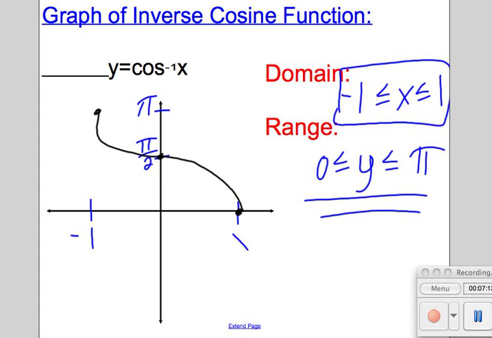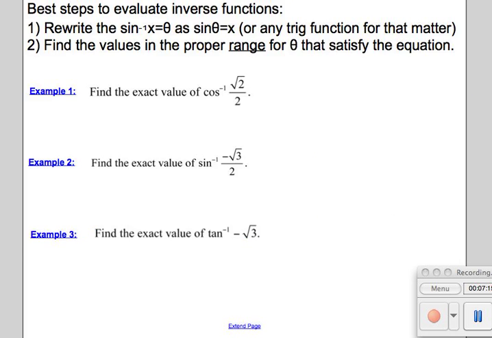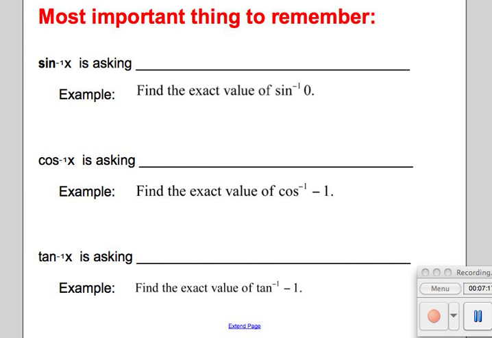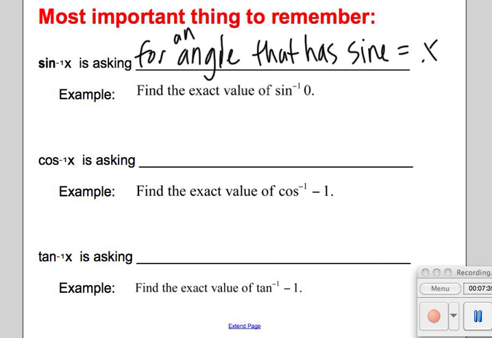So that's the things you should have written down. So here's how we'll use that to actually calculate things. The most important thing to remember is understanding what this means. Sine inverse of x is asking for an angle that has a sine equal to x.